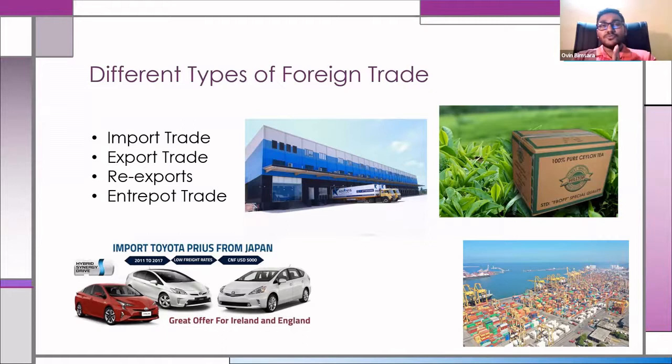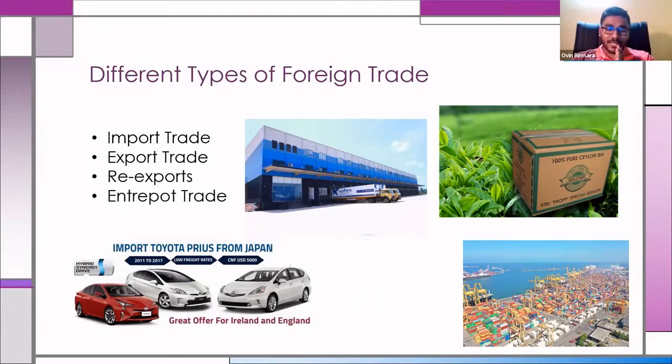And then when it comes to re-exports, as the name says, before the exports occur, there should have been an import because it says re-exports. So what will happen is you will import a product from a country, and then either you keep it as it is, or you are going to do a change to the product, then you export it back.